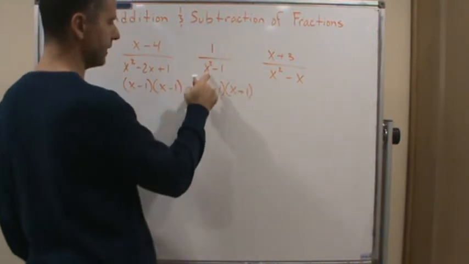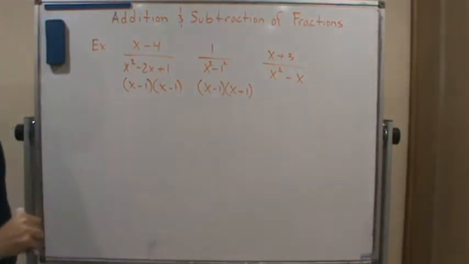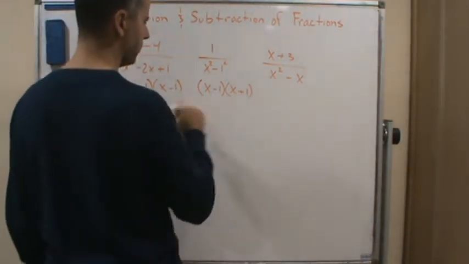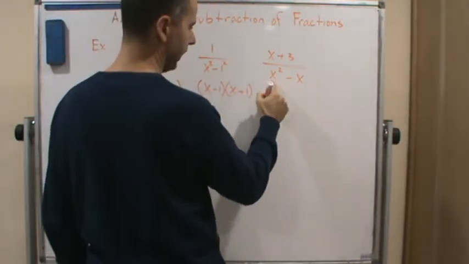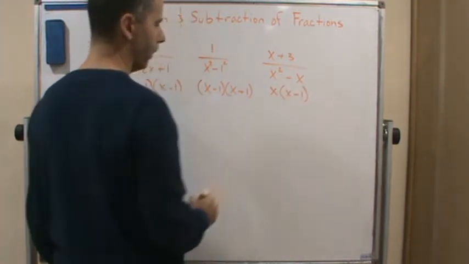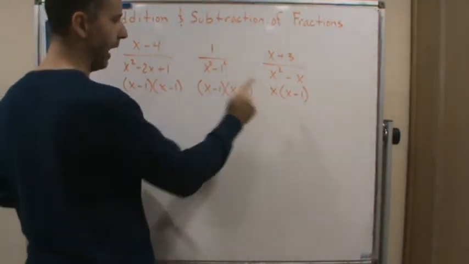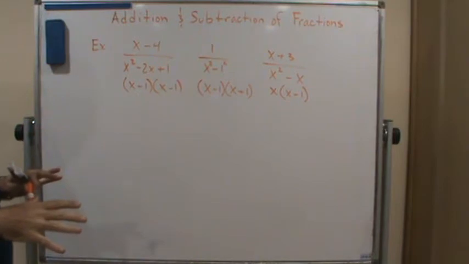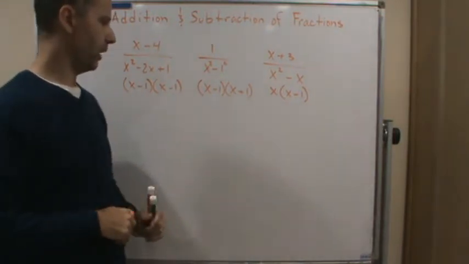And if you don't see that this is a difference of two squares, just put a little square here, and 1 squared is 1. And now this also factors, so again, this is the greatest common factor of x, so we can write it that way. So now none of these factors can be factored further. That means we're done. These are the prime factors of the denominators.